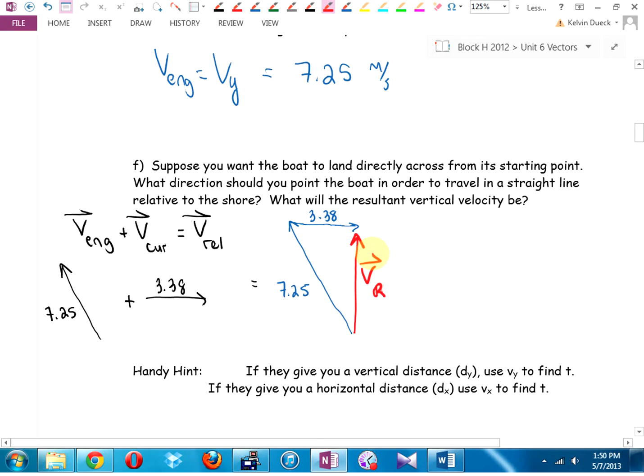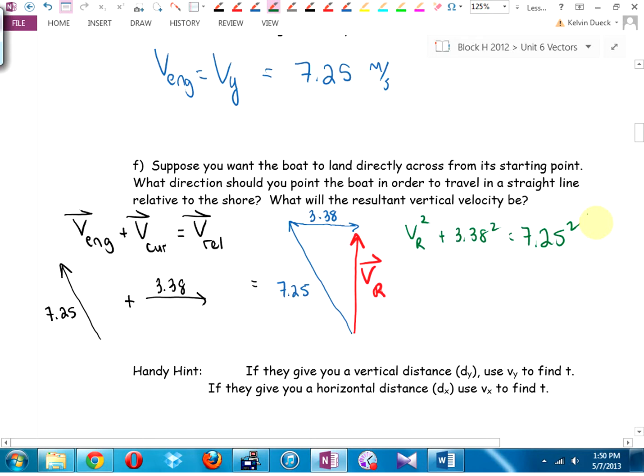They asked me 2 questions. What direction and what will the resultant vertical velocity be? Let's get the resultant vertical velocity first. That's going to be Pythagoras. It's going to be resultant squared plus 3.38 squared equals 7.25 squared. Because this time we're not finding a hypotenuse. Right, Cliff?